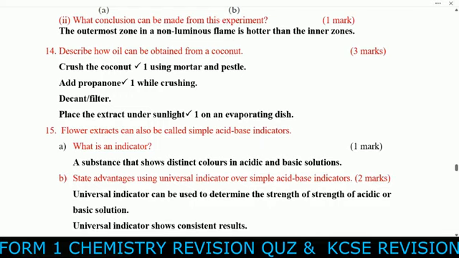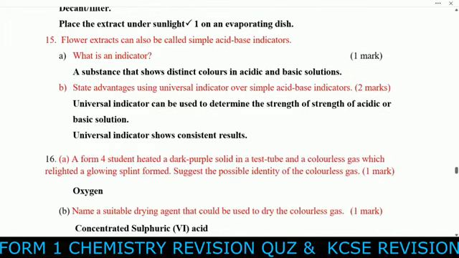Number 15. Flower extracts can also be called a simple acid-base indicator. You are told what is an indicator. An indicator is a substance that shows distinct colors in acidic and basic solutions. So that is what we call an indicator.